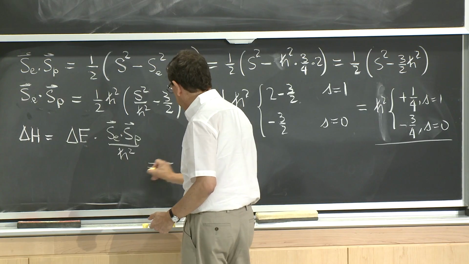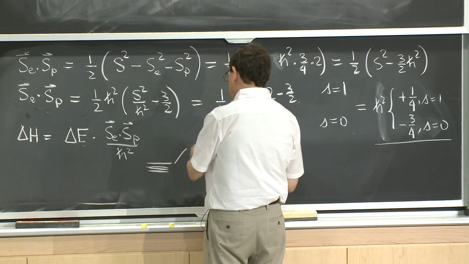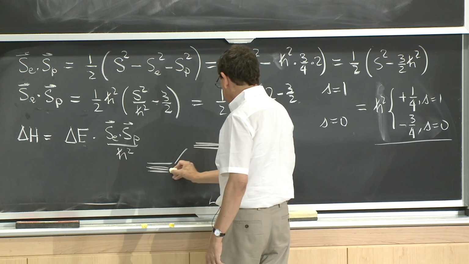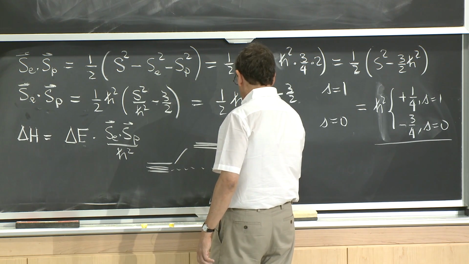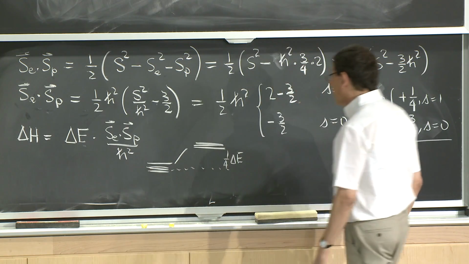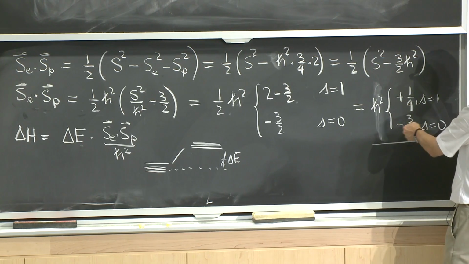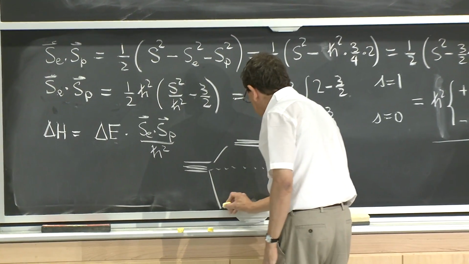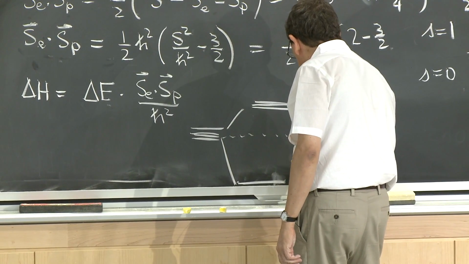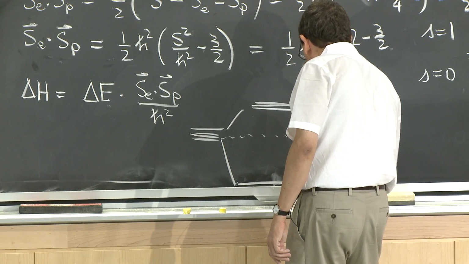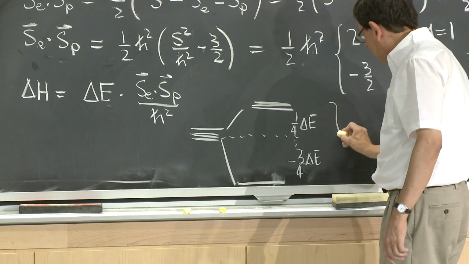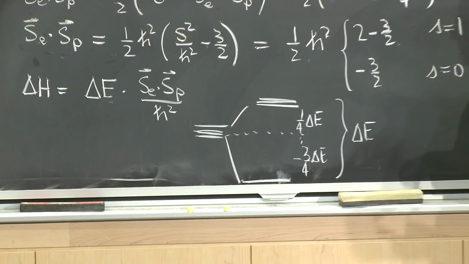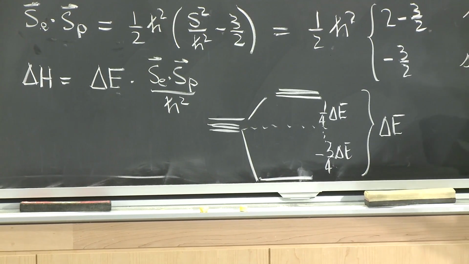So the 4 states, for the triplet, it gives you 1/4 delta E in that notation. And for the singlet, it gives you -3/4 delta E. So it's down here, 1 state only, and here is -3/4 delta E. So the whole split here is delta E. So this is what's happening to the levels of the ground state.